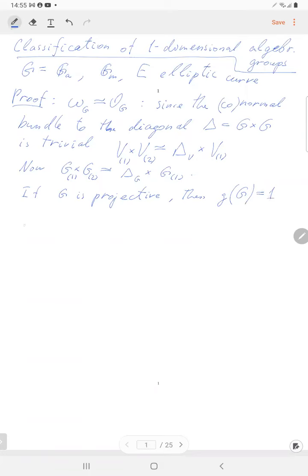Because the degree of the canonical class, the dualizing invertible sheaf, is 2g minus 2. Okay, so the genus is 1, and so G is elliptic. Fine. Now, if G is not projective, we consider its compactification.